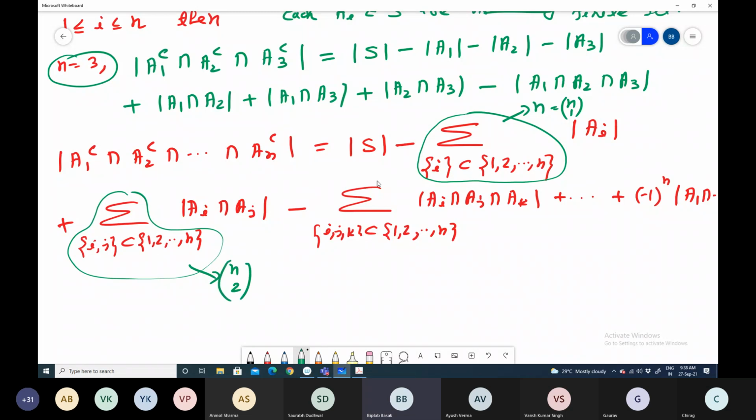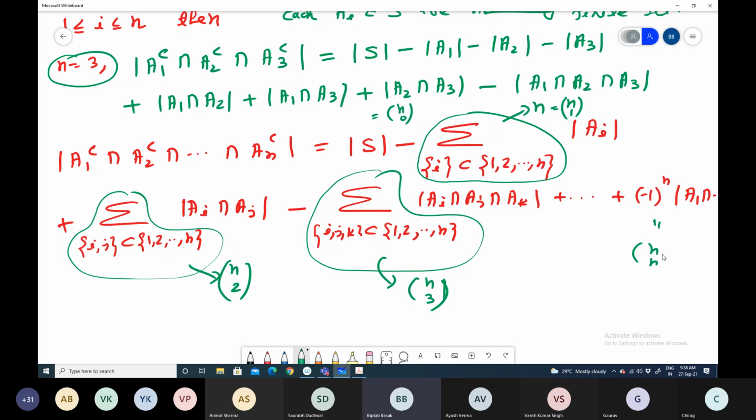In the next sum you have n choose 3, and in this way, here you have nC0 and here nCn terms. Now we will prove this formula.